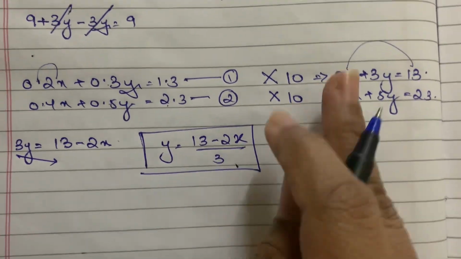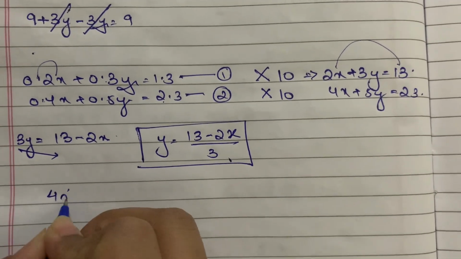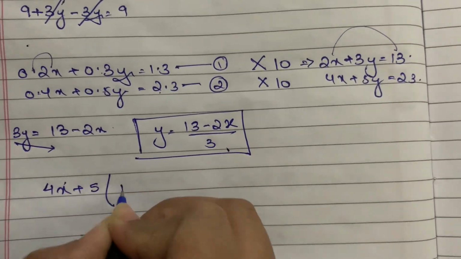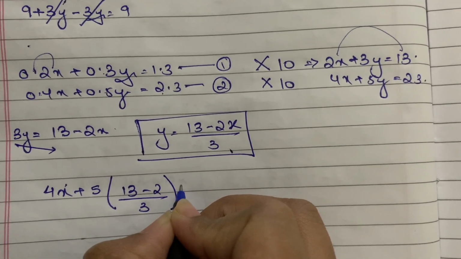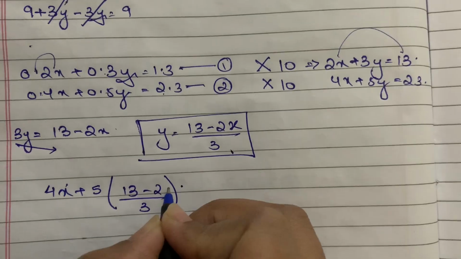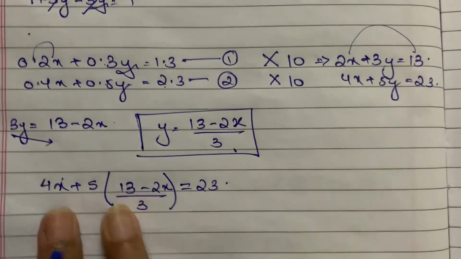Now this y will be substituted in my second equation, isn't it? So that becomes 4x plus 5 times (13 minus 2x) upon 3 is equal to 23. So let's start simplifying it.